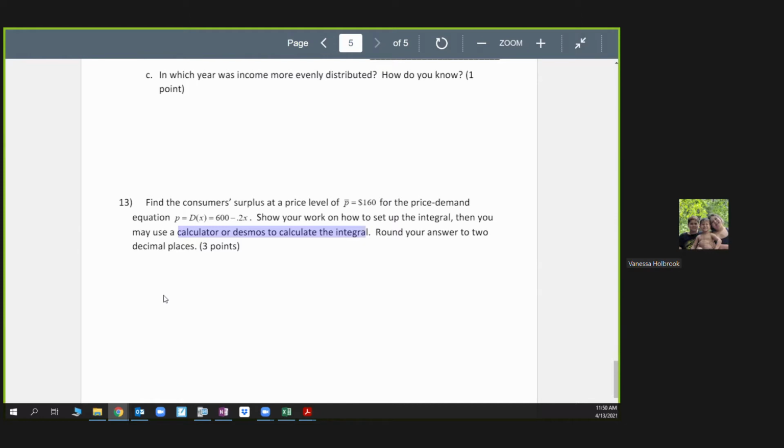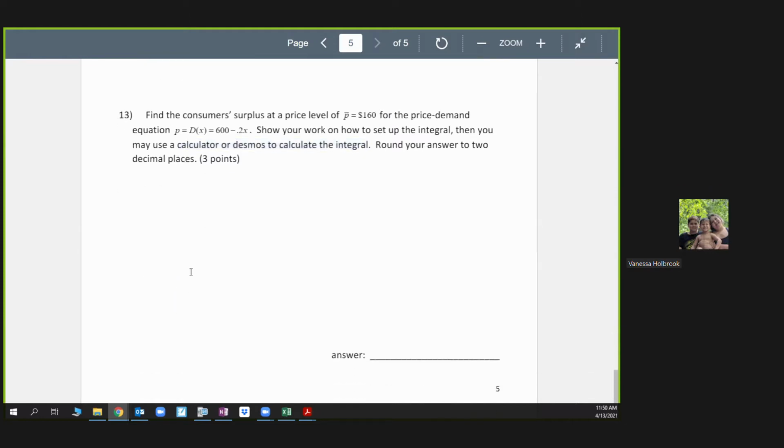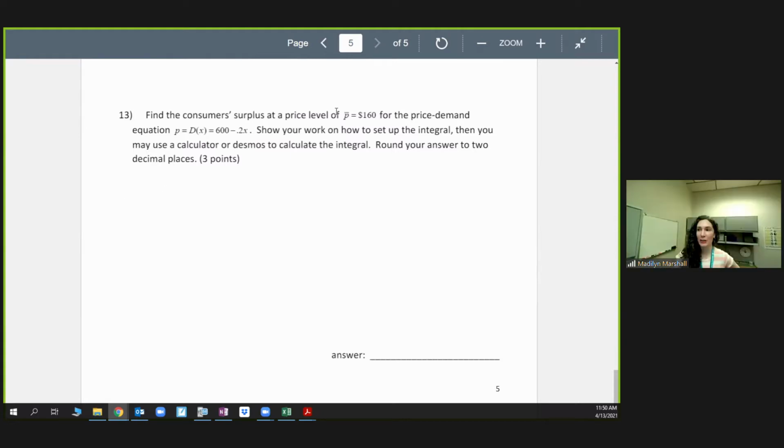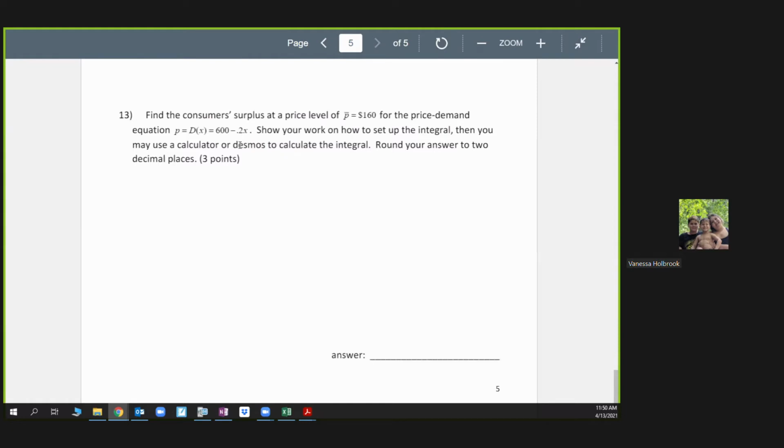So quick question on number 13, when you put the equation into Desmos to get the line, you just put x equals, and then what, for instance, that 160, and that'll give you the b for the integral? You would have to do y equals. Y equals, okay. That's right.